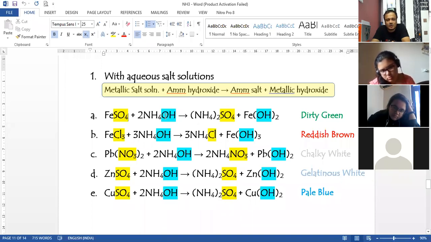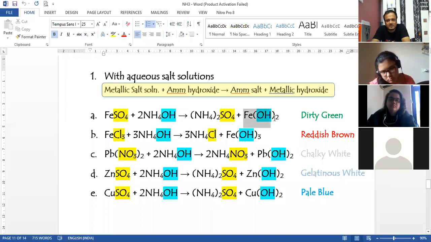So OH from ammonium hydroxide goes to the ferrous ion and forms ferrous hydroxide. Obviously it is Fe(OH)2. For those who didn't understand why it is OH twice, it is because iron has Fe2+ valency in ferrous sulfate, FeSO4. It is 2+ because SO4 is 2-. So that is why it forms ferrous hydroxide.